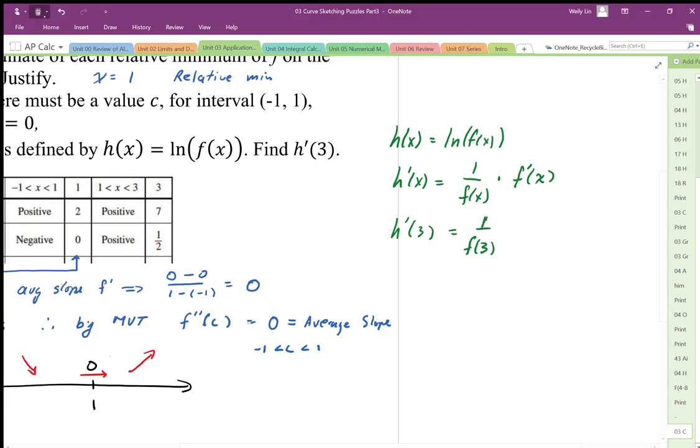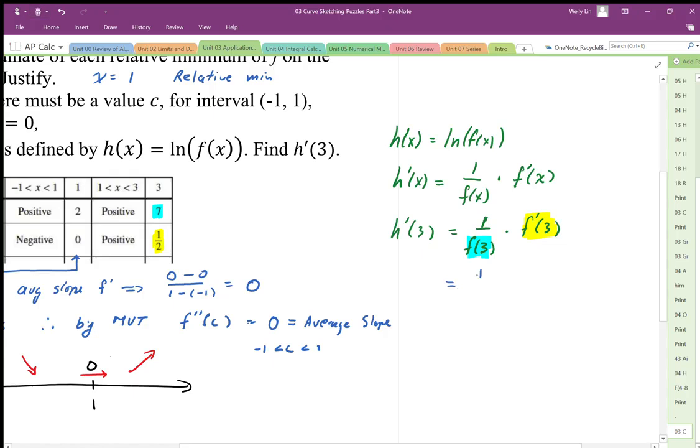Well, I have the f value at 3: when x is 3, f of x is 7. And it's times the f prime value at 3, which I have as well, because the second value here is f prime at x equals 3. Once I know those parts, I can just plug them in.